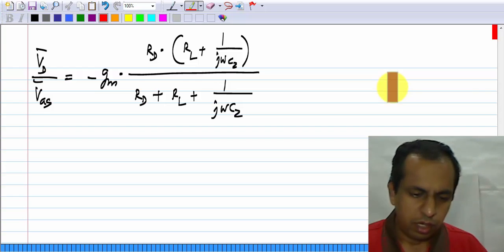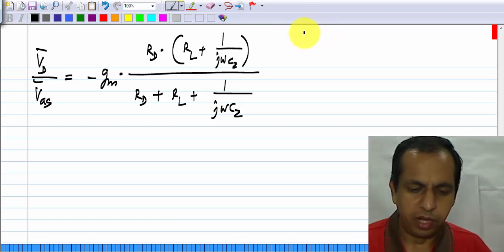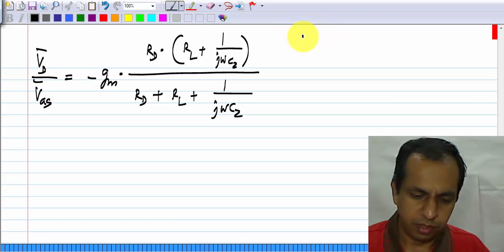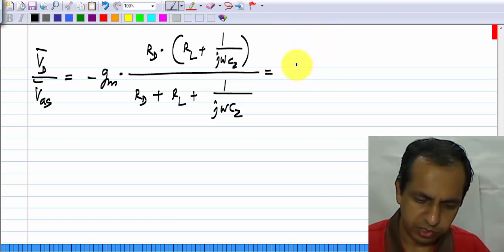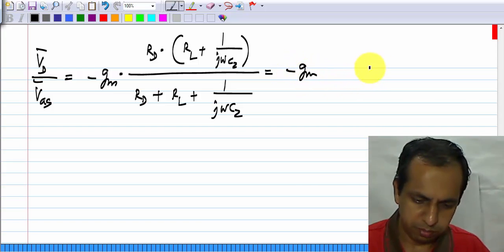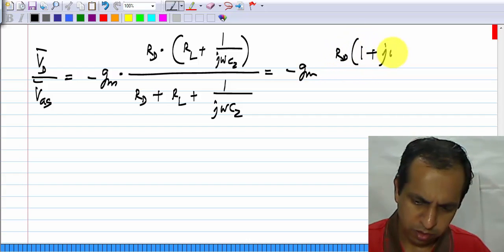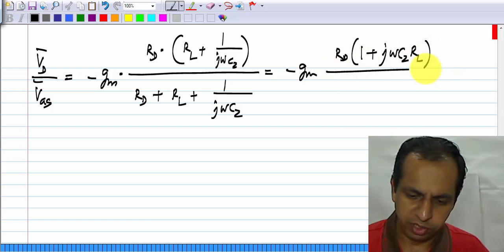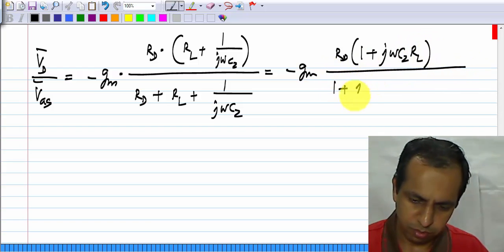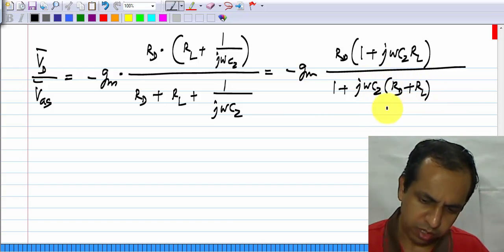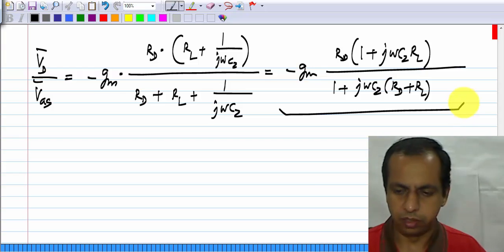And this is especially so if R D is very large. So, let me rewrite this as minus G m times one plus j omega C 2 R L over one plus j omega C 2 times R D plus R L.